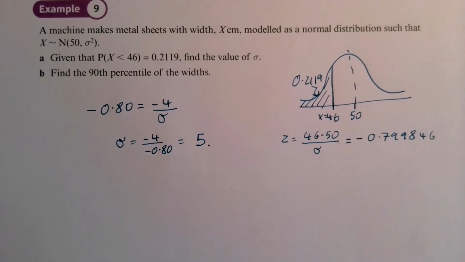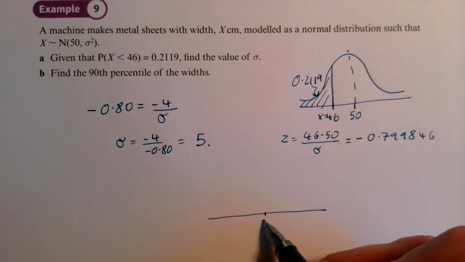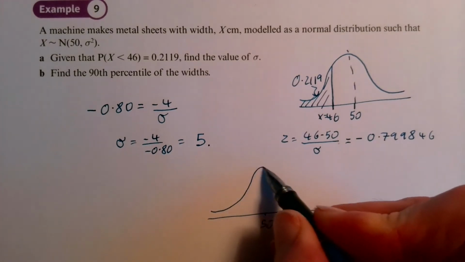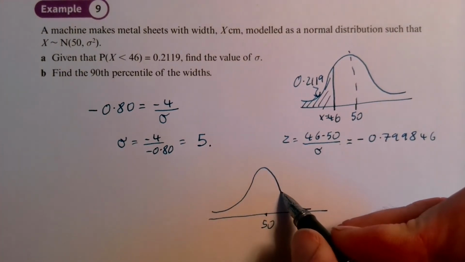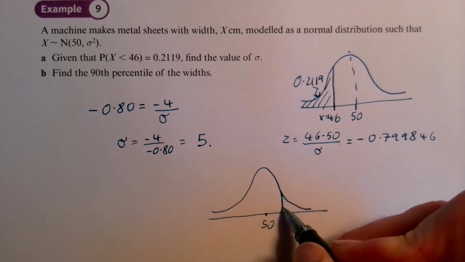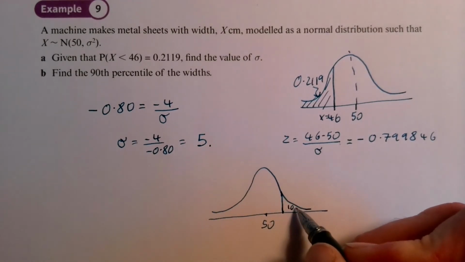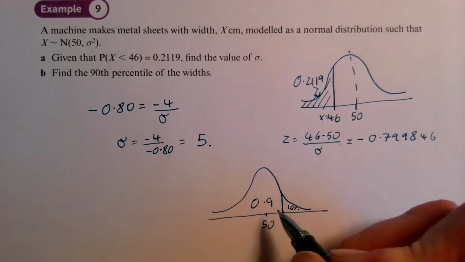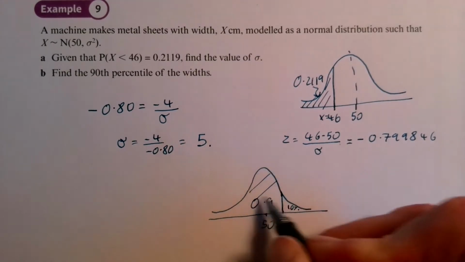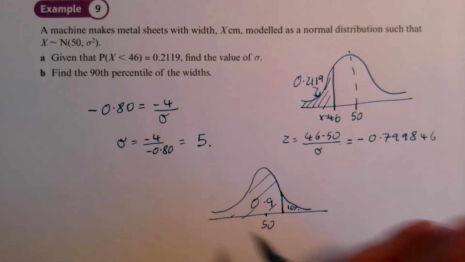Now to find the 90th percentile of the widths, we know that 50 is where we're at. We're looking for the 90th percentile, so it'll be 10% up there, 90% down here.